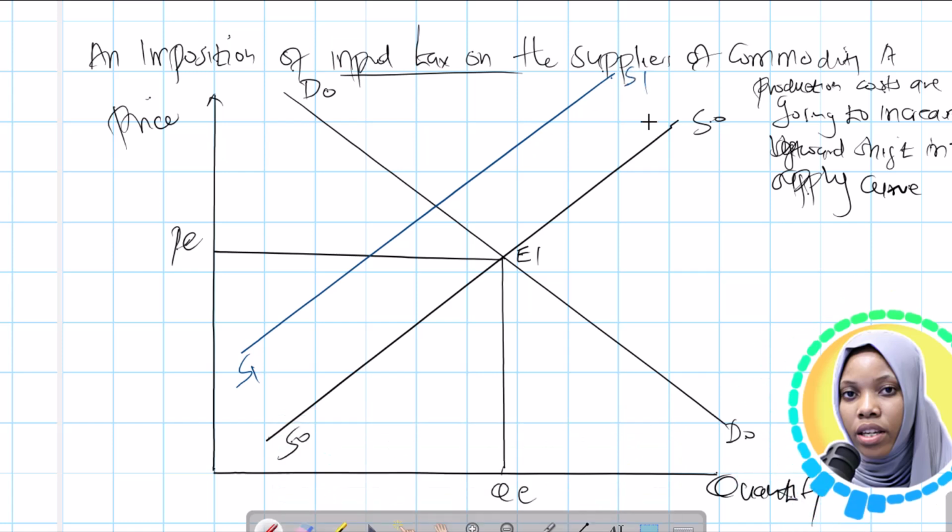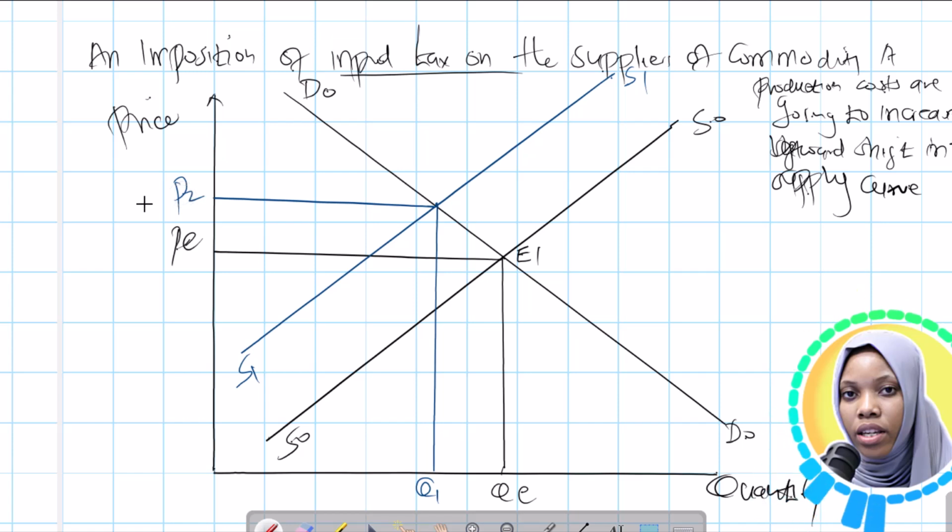So our new equilibrium quantity is Q1 and our equilibrium price is P2.